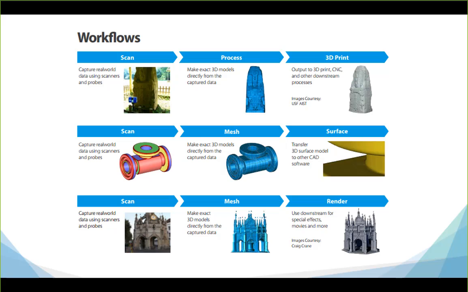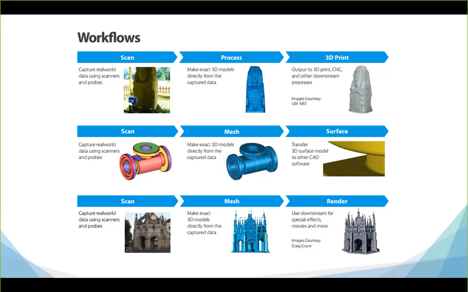But before I start, I'll talk about three major workflows with Wrap. The first one at the top there is scanning and collecting real-world objects, and then processing those objects into polygons, and then from there outputting them in a variety of different fashions, CNC and 3D printing, as you all know that we're famous for.